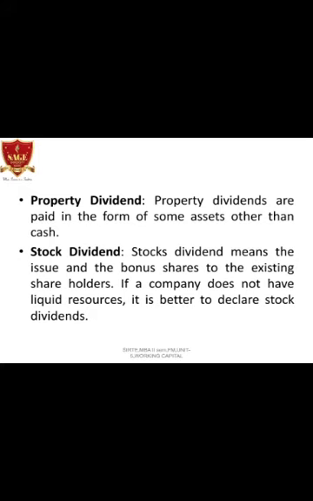The dividend policy should be one that maximizes the value of the shares also, and in this form of dividend the company must issue bonus shares. Whenever the company plans the dividend and issues this stock dividend, it should be properly planned.